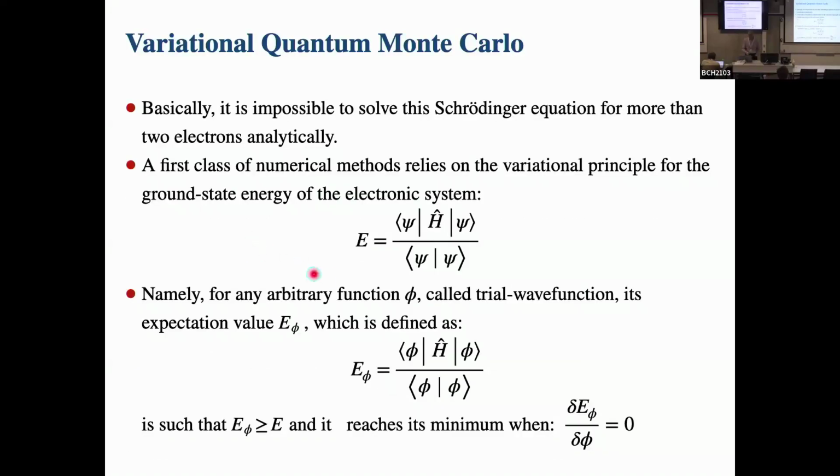If I get that energy, and then I do the same with some kind of arbitrary function that can be called a trial wave function, this energy E of phi here is going to be bigger than this one because of the variational principle. Okay? And so what we can try to do is to minimize this function of phi with respect to phi, and we should reach a minimum when phi is equal to psi.